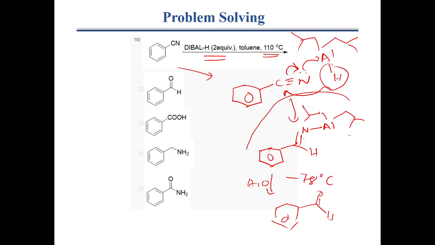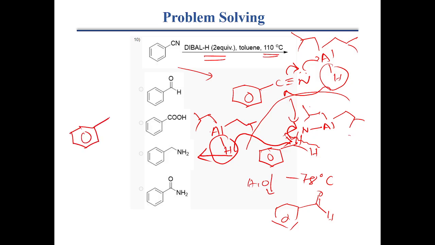So the imine is hydrolyzed. Now what happened at high temperature? What is possible at high temperature is that, as we are using two equivalents of DIBAL, the diisobutylaluminum hydride will further reduce this imine and give this one.